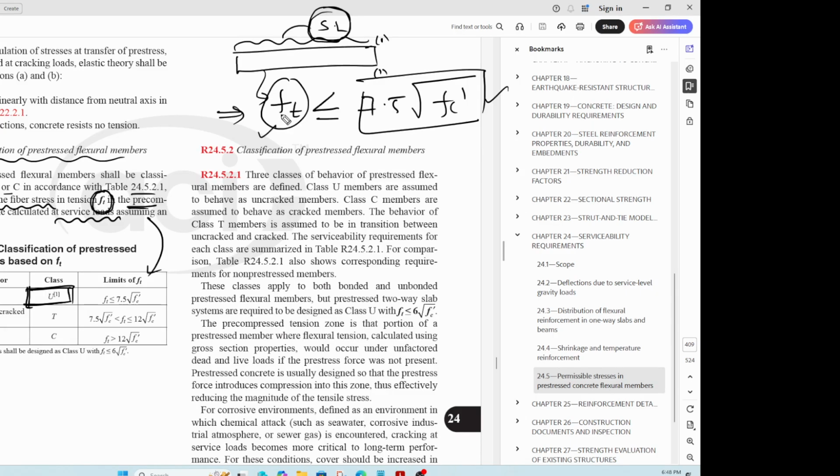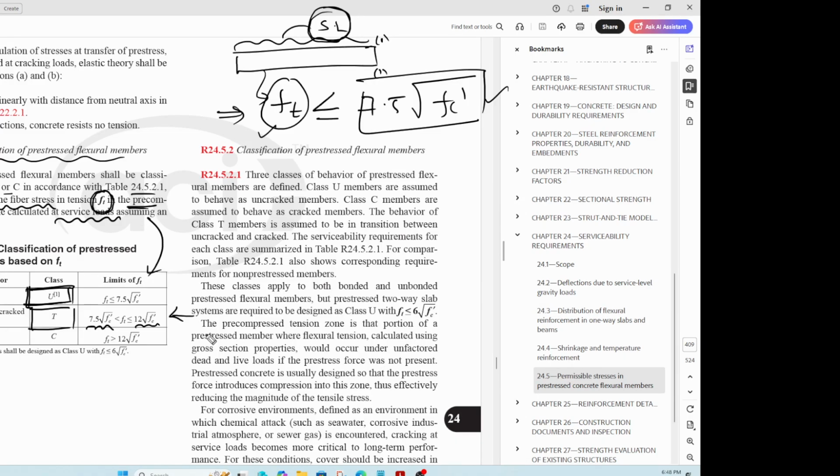If that stress is between 7.5 root f'c, meaning it exceeds the rupture modulus, but is less than 12 square root of f'c, then you are in a transition zone, meaning that cracks are expected, but those cracks are expected to close if you take off the service load.